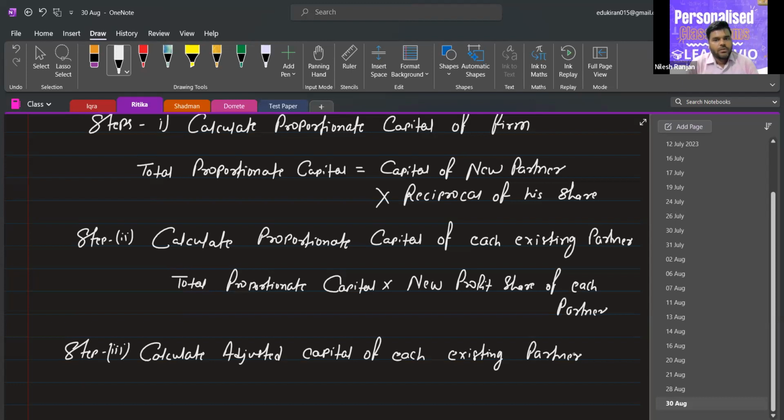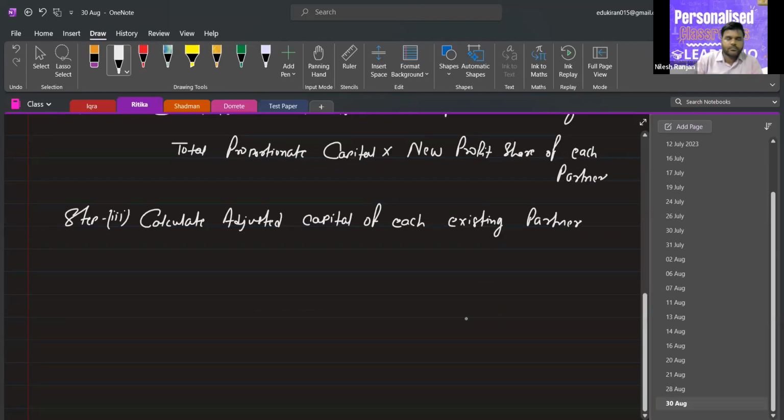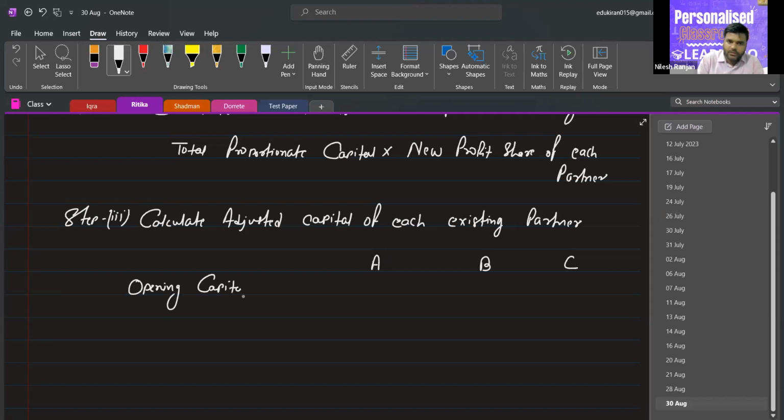So what is it? Old capital minus the proportionate capital? No. Actually, you have to write it like this: opening capital, and you have to add all the items that are added in capital.